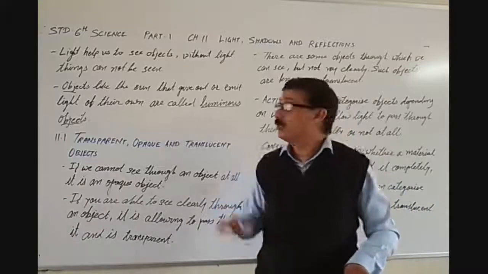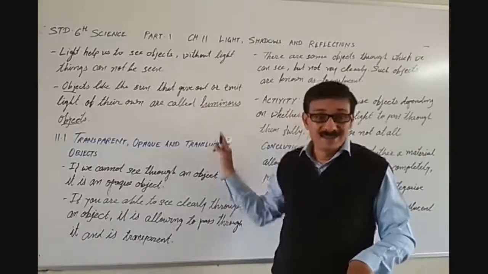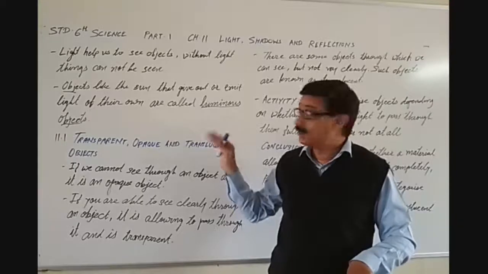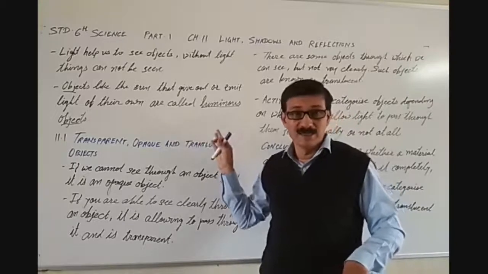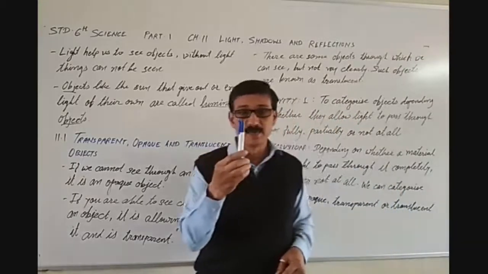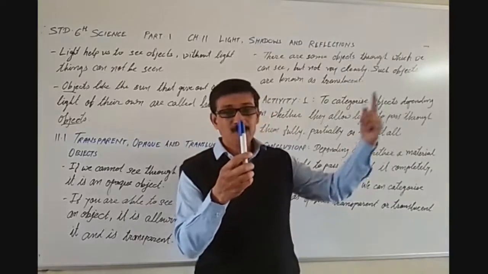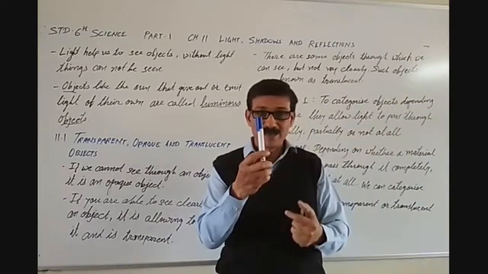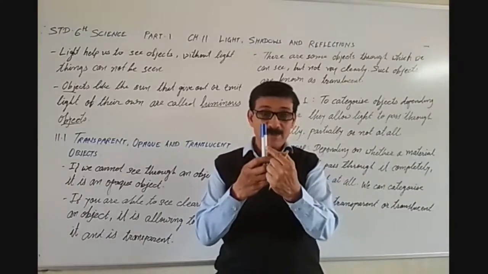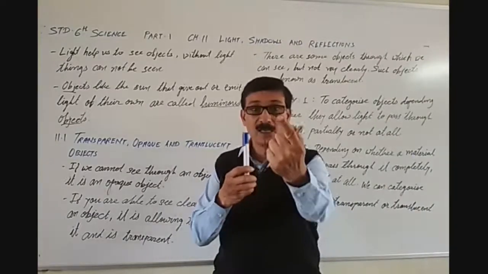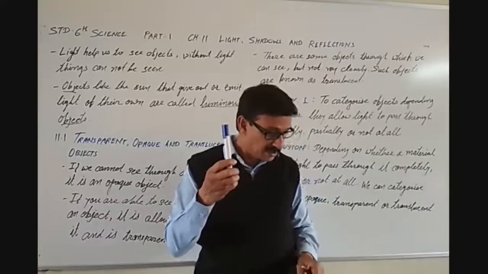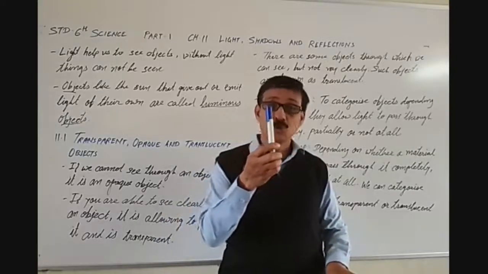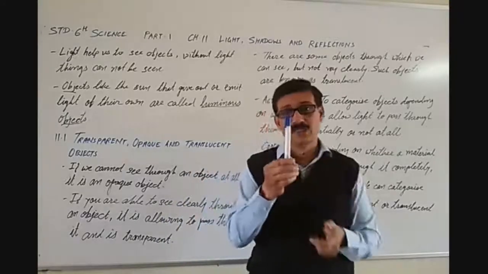Because of that you can see this board, you can read whatever I write on it, isn't it? You can see this pen. Why? Because light from the luminous object falls on this pen and the reflected rays from the pen travel towards your eyes, and that is why you can see the object.